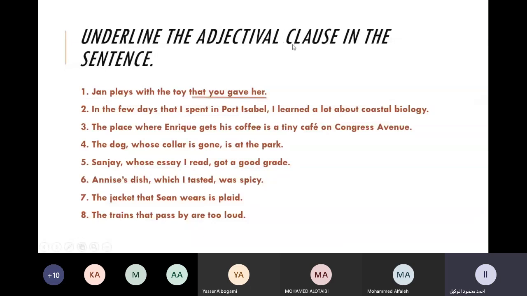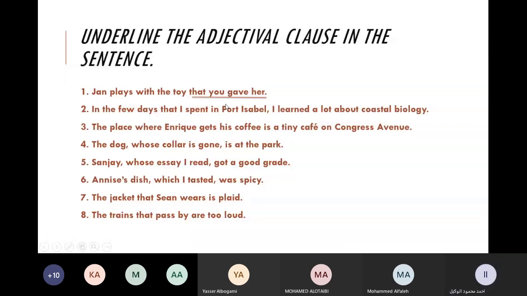The adjectival clause, the subordinate clause, the dependent clause, it is what, that you gave her. And of course, that you gave her describes what? The toy. Which toy are you talking about? The one that you gave her.